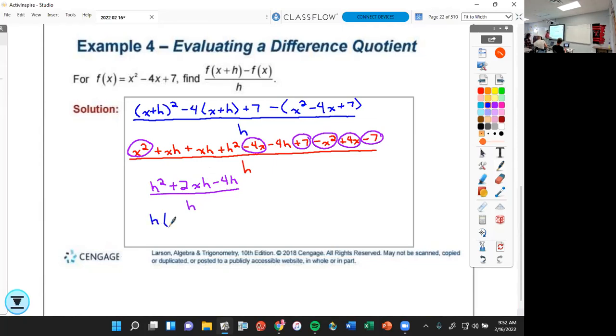Factoring an h out, I'm left with h plus 2x minus 4, all divided by h. What happens to the h? The h gets canceled. So my final answer is h plus 2x minus 4, but there's one more piece to this answer. And that piece is h cannot equal 0.